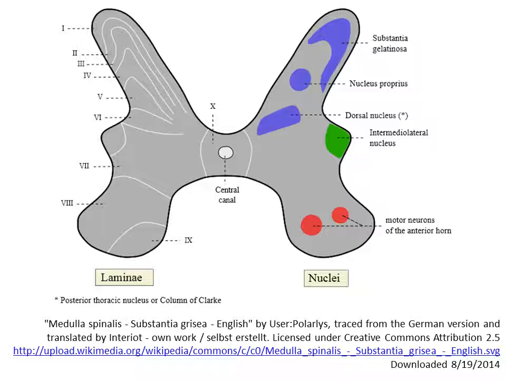So just knowing that, we know that laminae 1 through 5, or roughly 6, that's going to be incoming sensory information. Because with the dorsal horn, we're thinking sensation entering the spinal cord. We know that the ventral horn contains our outgoing motor neuron cell bodies. So we think of 8 and 9 as our voluntary motor neuron area.